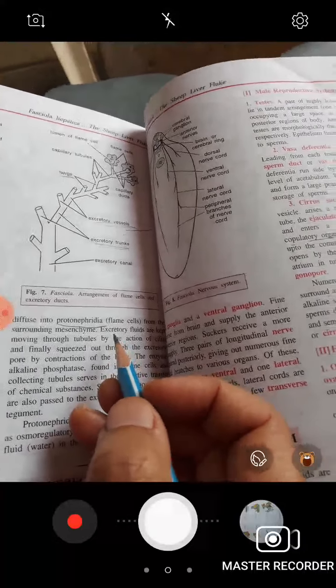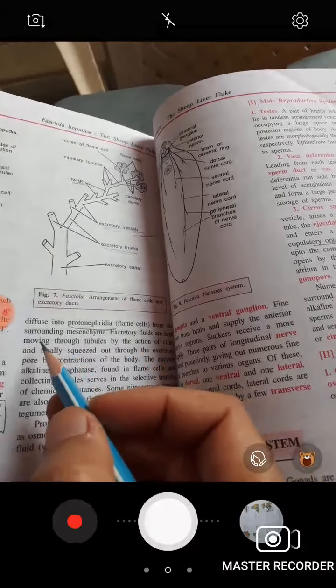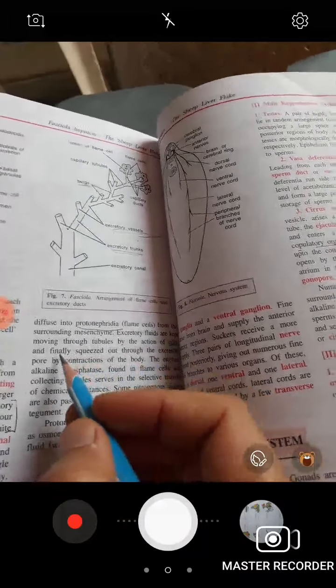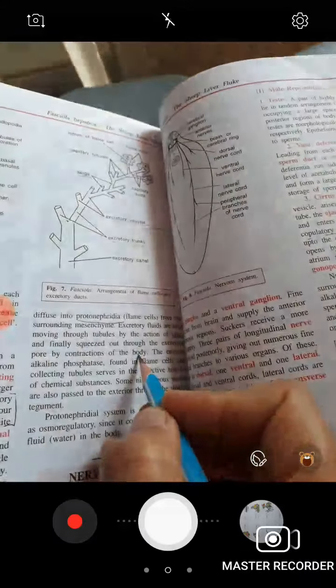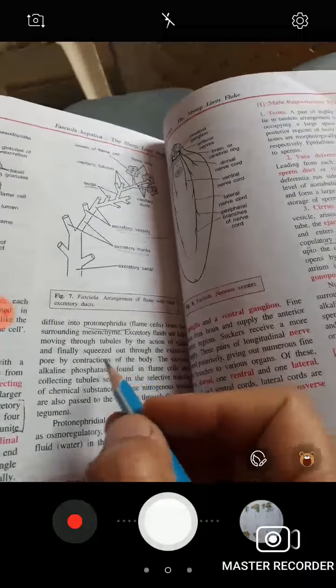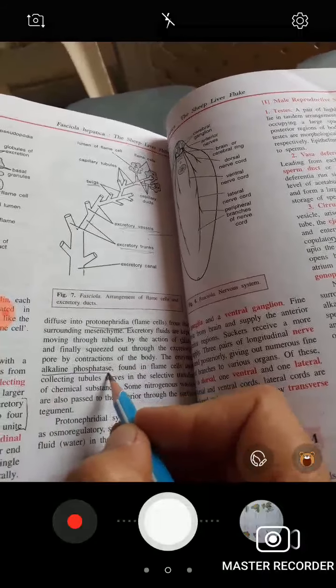These substances diffuse into the flame cells, or you can say protonephridia. Excretory fluids are kept moving through tubules by the action of cilia, and finally they are squeezed out through the excretory pore by contraction of the body. The enzyme alkaline phosphatase, present in the flame cells and collecting tubules, serves as selective transfer of chemical substances.